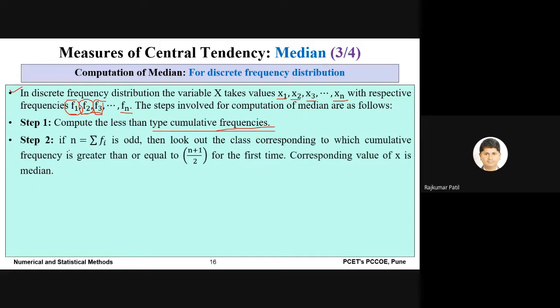Once we do it, we calculate the value of n, that is the total number of data points, which is equal to the summation of fi, that is the frequencies.